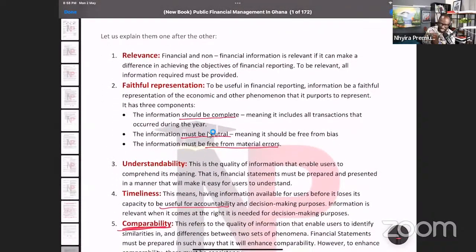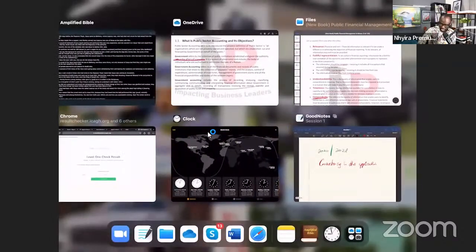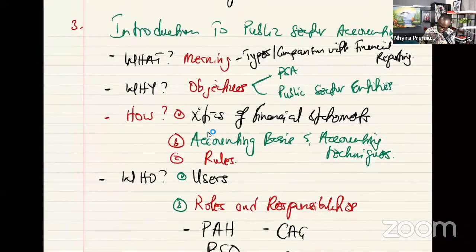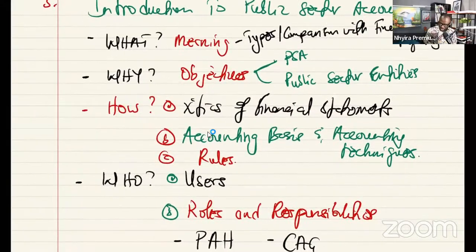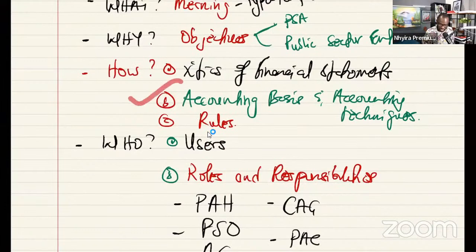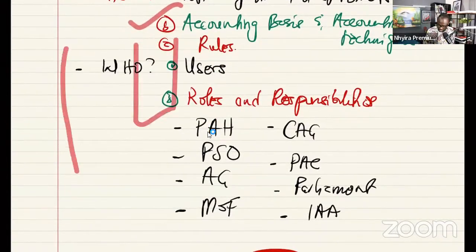Any questions? I'm going to be concluding around here today. And God willing, next week, we will jump on to the rest of our questions. So next week, we are continuing from here. So we'll look at the accounting basis. We will look at the rules. Then we'll look at these guys.